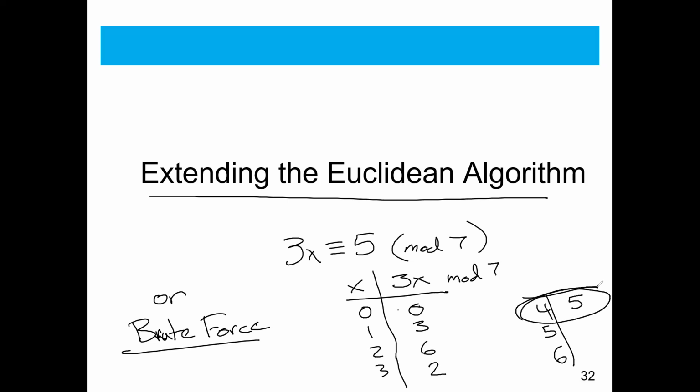So, hey, we have a winner. And then 5 times 3 is 15, which is congruent to 1. And 6 times 3 is 18, which is 4. Now notice, in this case, x equals 4. Well, that was nice. Since it was mod 7, I only ran through 7 options.